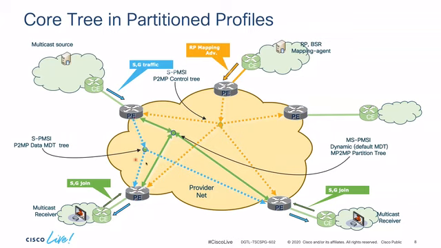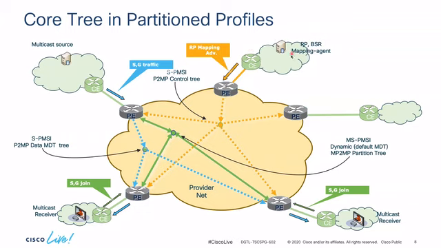But in addition to this data MDT tree and the default partition tree, we have another kind of special tree for the partition profile. It is called the control tree, and this control tree is a P2MP control tree. It is S-PMSI. This control tree is only for the auto-RP mapping information.